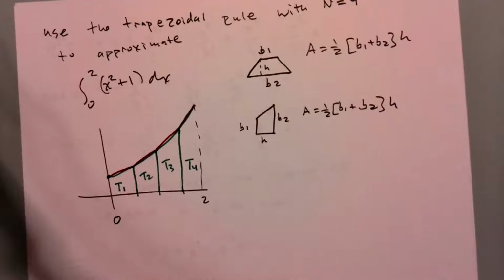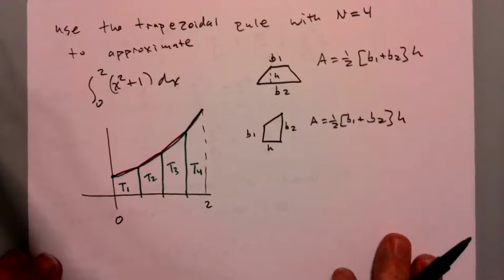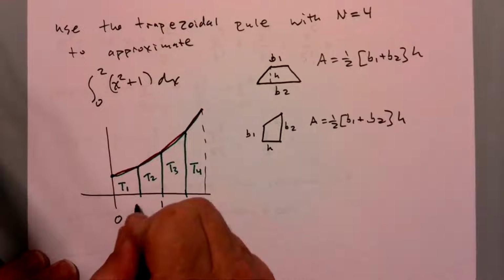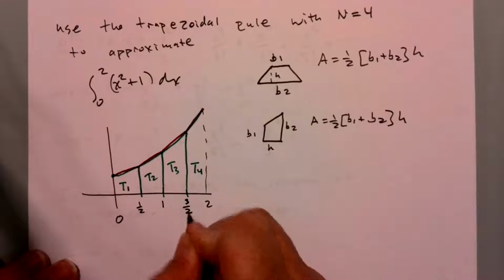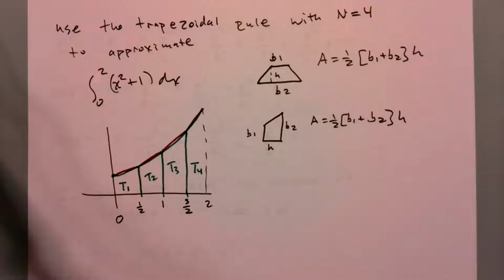We're going from 0 to 2, so I'll need to get the points of interest. So this is 1, this is 1/2, and this is 1.5 or 3/2. So trapezoid 1, what are my 2 bases?